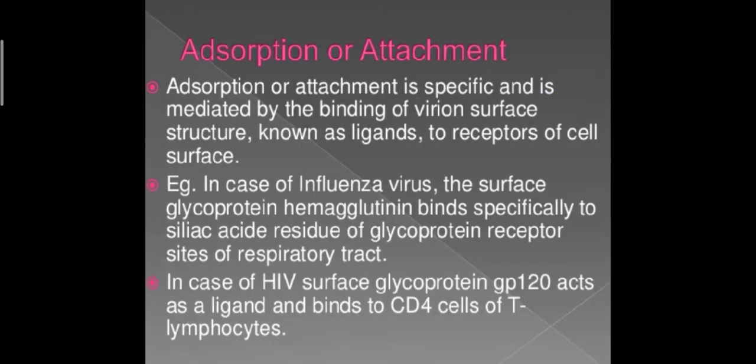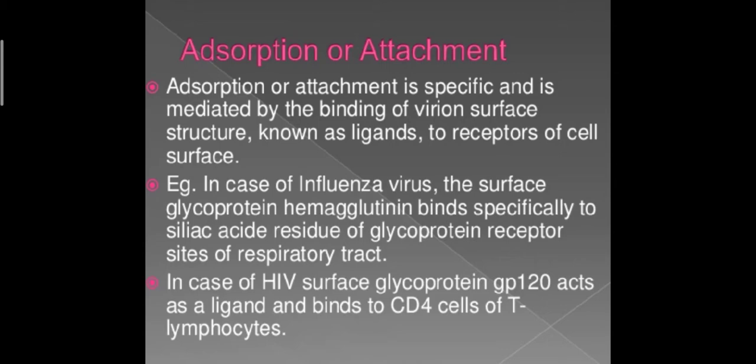So adsorption or attachment is mediated by binding of virion surface structures, for example ligands, to the specific receptors present on the cell surface. With the help of their structure, the virus attaches to the specific receptors or enzymes to enter inside the cell and make changes in the particular cell.